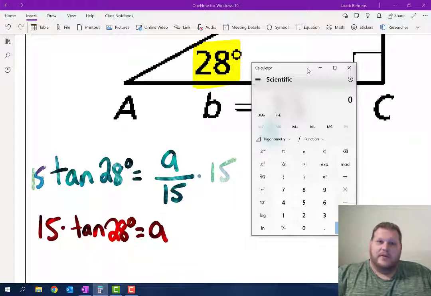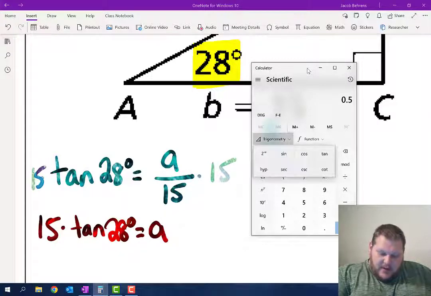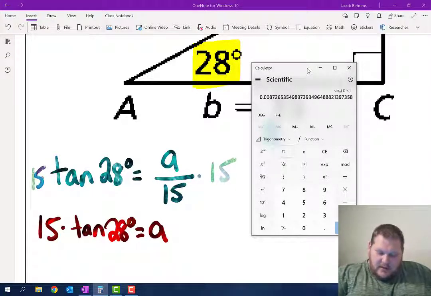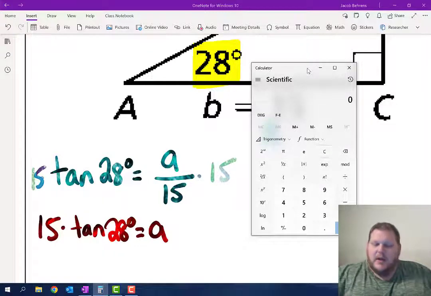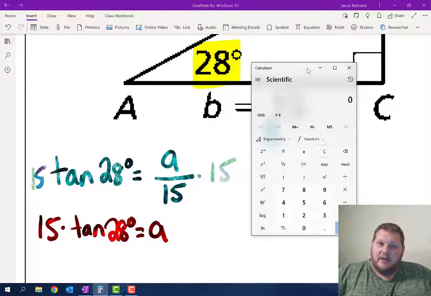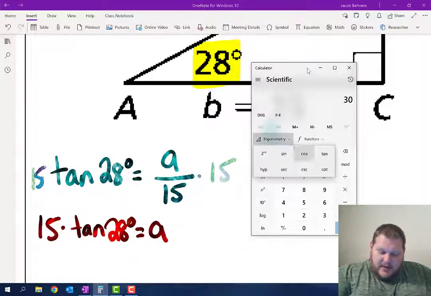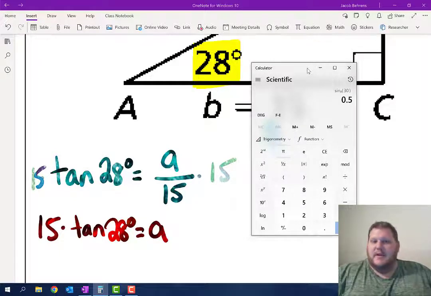It's always 1/2. So on my calculator, if I wanted to find the sine of a particular angle, 30 degrees, it tells me that the sine of 30 degrees is 0.5.